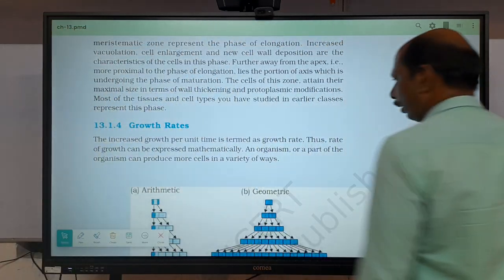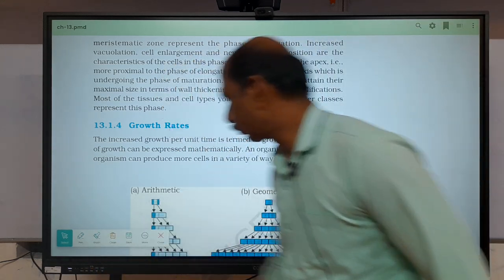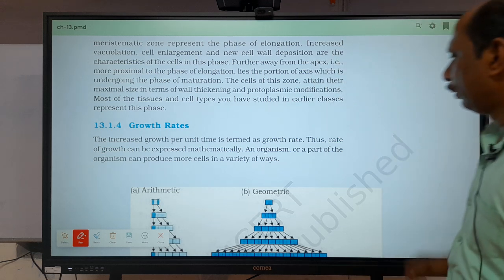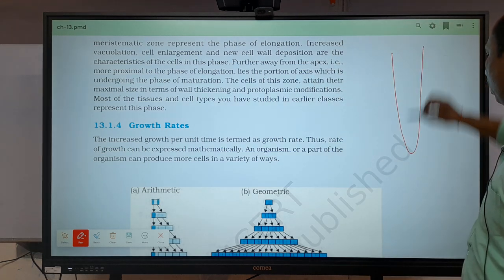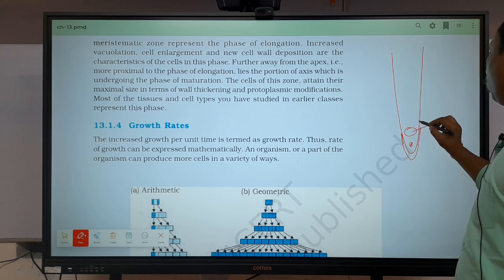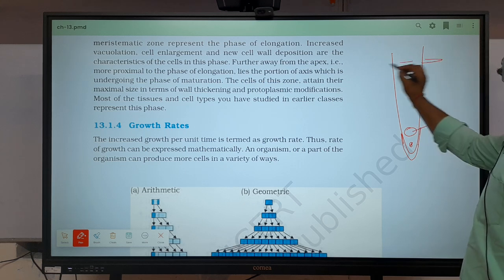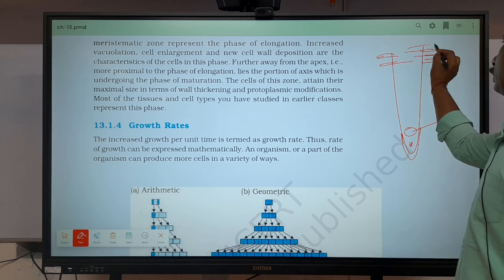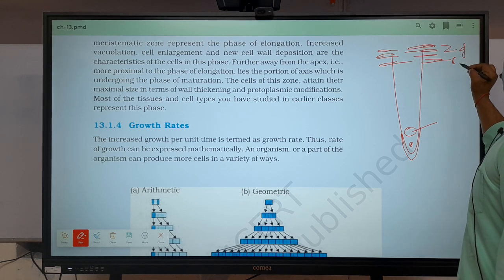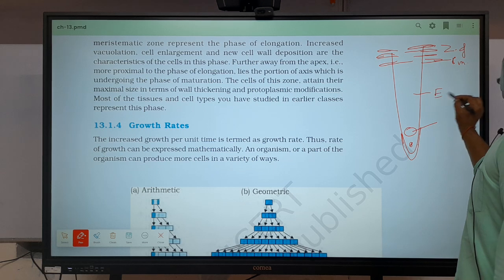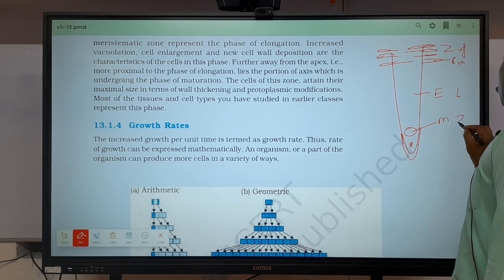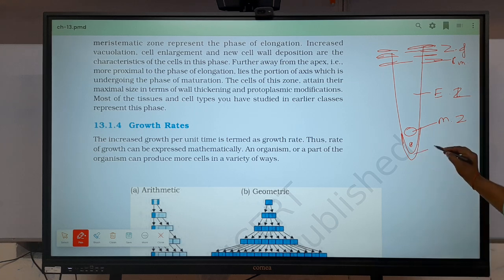I think you remember this structure, the previous structure, where we have a root. This is the root cap, this side the meristematic zone, this is the elongation zone, and from this zone we have root hairs, right. So this is the zone of maturation, this is the elongation zone, this one is our meristematic zone, and this one is the root cap.